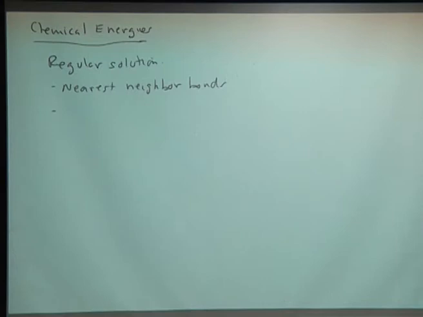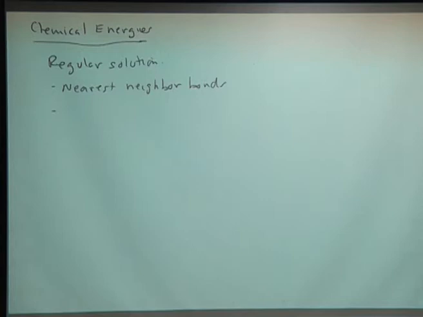We'll start with energies, chemical energies. And the simple model of this is the regular solution model. It's called regular solution in the materials community. It's called Ising models in the physics literature. And basically here you have nearest neighbor bonds only.